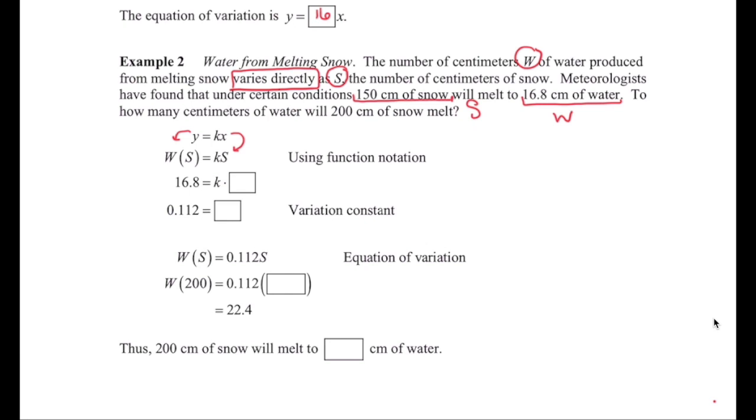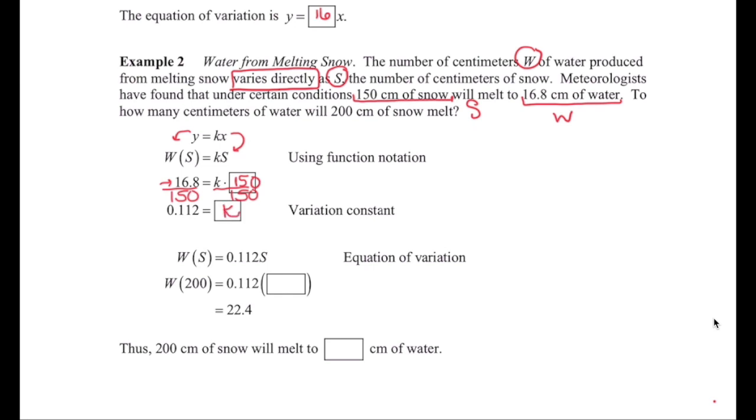If I know that W is 16.8, I can use that for my W value, which is equal to k times 150, which is our S value. Now we can find k by dividing by 150. I see that our variation constant is 0.112.